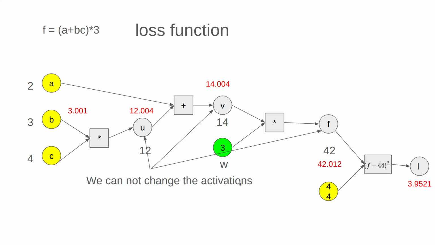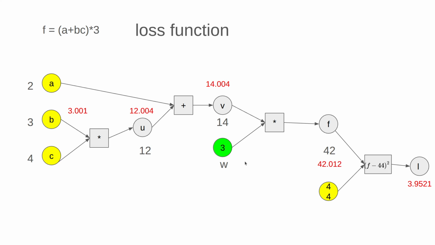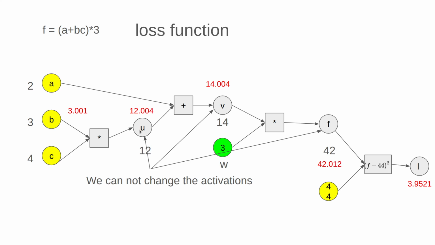And then you will see that I label the 3 here as green. The green here is actually the parameters in our models. So why is it called parameters? This looks like a constant. Let's explain it. For those, the u, v, f, we cannot change those variables.